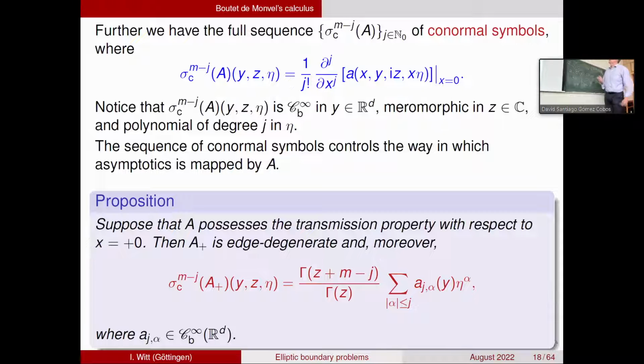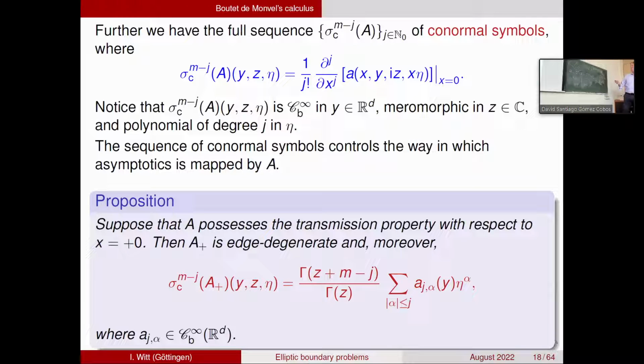What we get is a function depending on three variables, y, z, eta. The z, we are going to learn, is the covariable to x under the Mellin transform, from today. At the moment it's just like that. It is smooth in y. I always take R^d because I do a local analysis, and local analysis means on all of R^d everything stays fine.